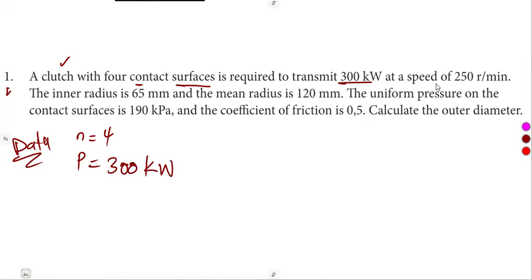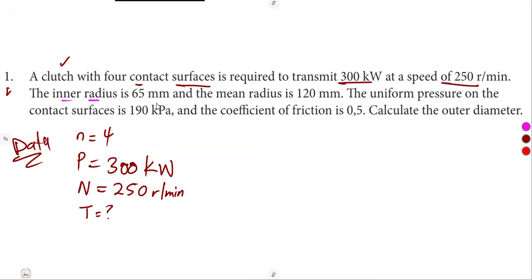And at this speed of 250 revs per minute is where we obtained this power. Definitely, guys, power, speed, and torque go hand in hand. We saw from our formula. So there's something there about our torque. Anyways, let us move on.